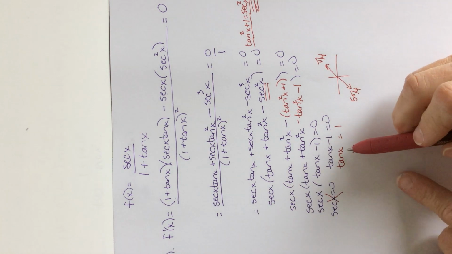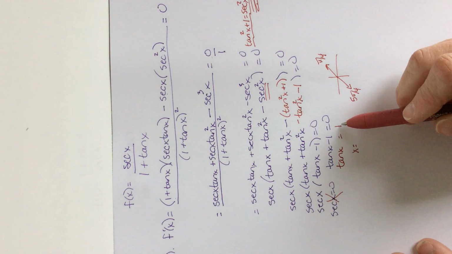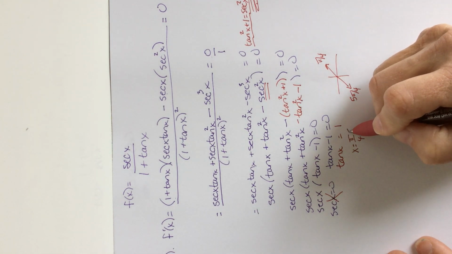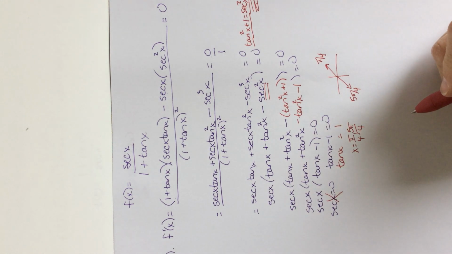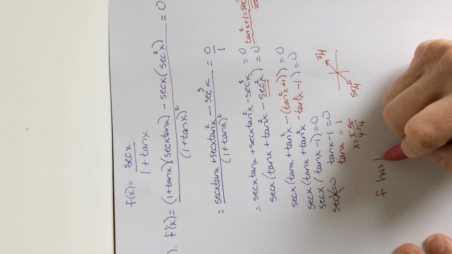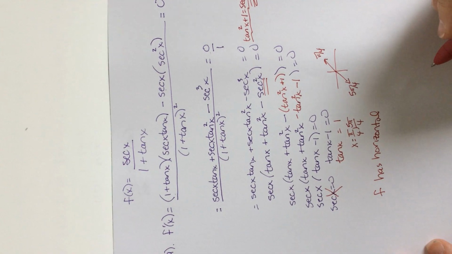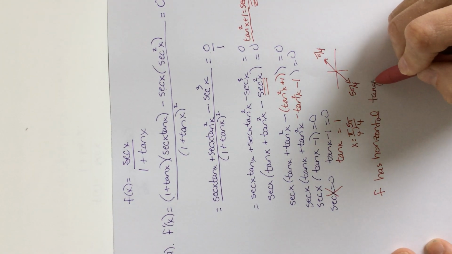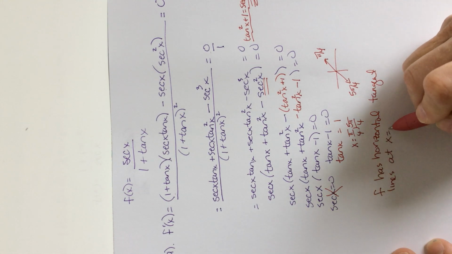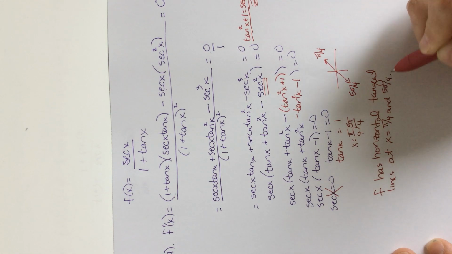So tangent of x minus 1 equals 0, tangent of x equals 1, so x will be pi over 4 and 5 pi over 4. And what does that mean? That means that f has horizontal tangent lines at x equals pi over 4 and 5 pi over 4.